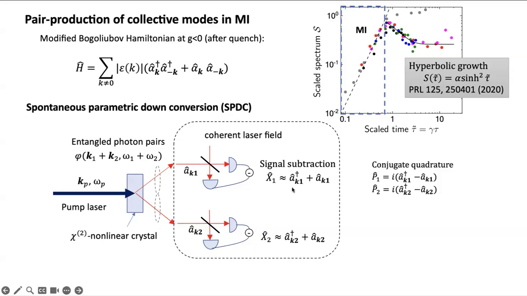If you have signal subtraction, it turns out that what you get is the sum of two operators, A dagger and A, for mode 1, and then the other one is for mode 2. If you adjust the relative phase of the coherent laser field, you can tune it and measure another conjugate quadrature. If the sum gives you x, then the difference will give you p. X and p are conjugate operators.